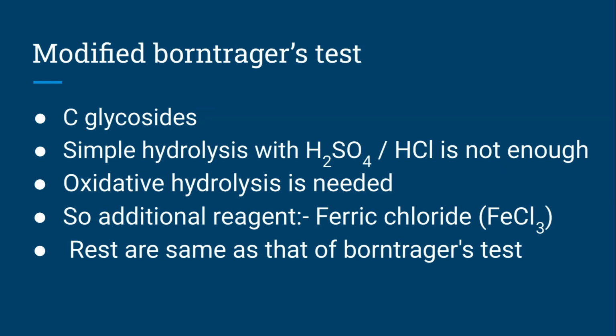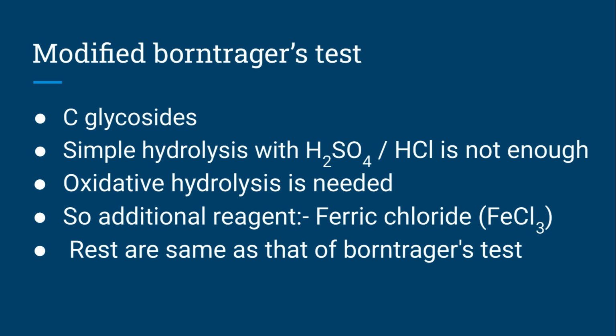Some glycosides do not come under the class of sun glycosides. Such glycosides are called C glycosides. For identifying C glycosides, modified Borntrager's test is needed. C glycosides can be identified with the modified Borntrager's test.